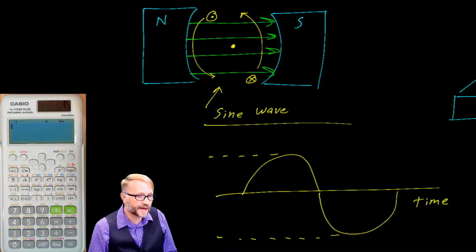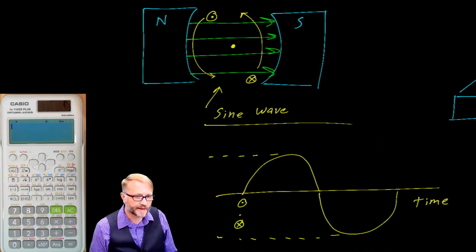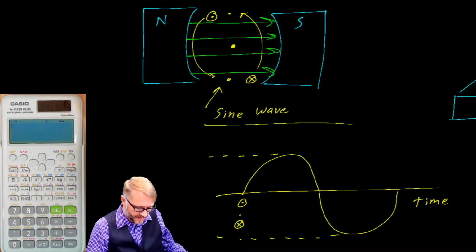The amplitude at any point in time is dependent on the physical position of the coil. The minimum occurs when the coil is situated like so. When the coil is in this position here and here, there is 0 voltage.